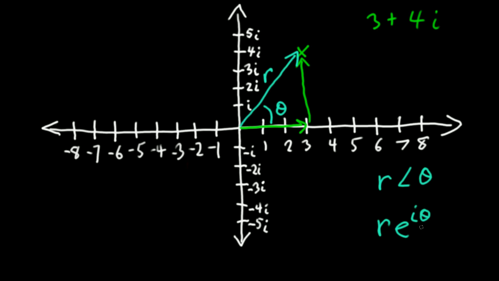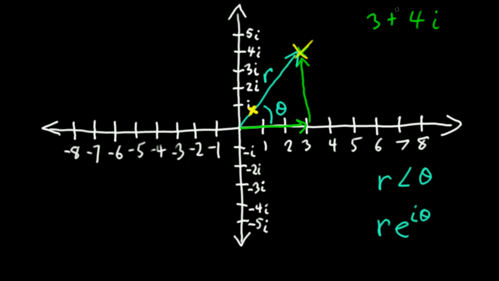Remember, e to the i theta describes a point along the unit circle, right around here, that has that angle. And then we multiply that unit vector by r, and that gets us out to this point here. So two completely different ways to represent the same number.